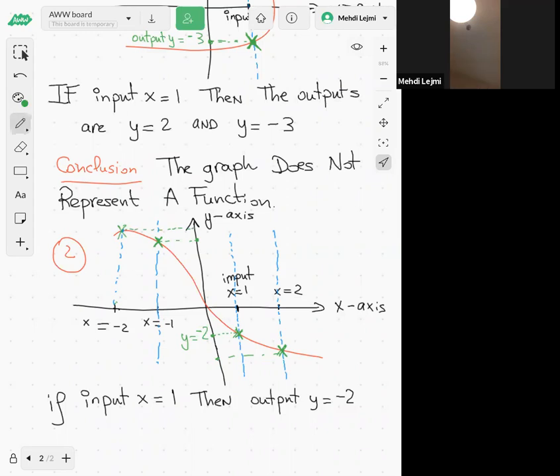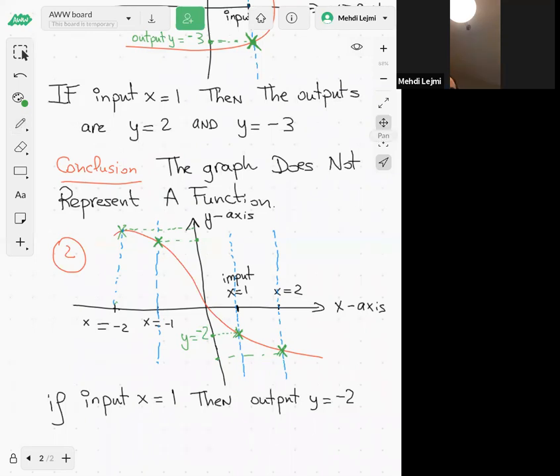I can do the same here, and so on. So in this example, this graph represents a function, because if you take any vertical line, it intersects the graph at exactly 1 point, and that point would be my output.